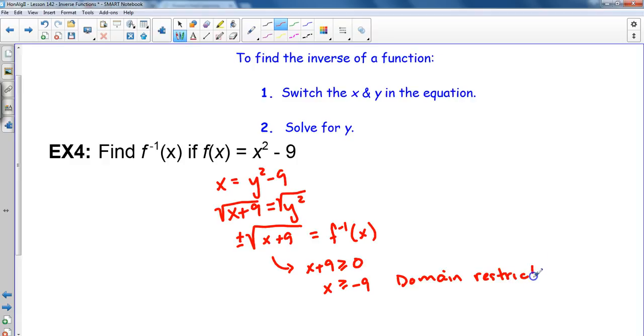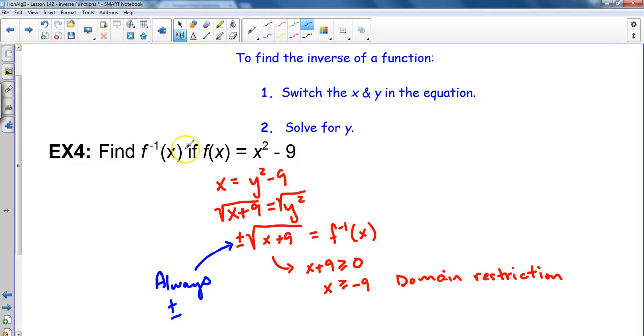And to put that simply again, that just means that there are certain numbers that we can't plug in if we want a real number answer out of this inverse function. And then the other thing is we always get a plus or minus. We always get two versions when we're dealing with quadratics because we have to take the square root in order to undo what's being done to it.